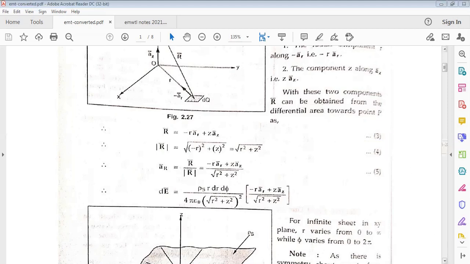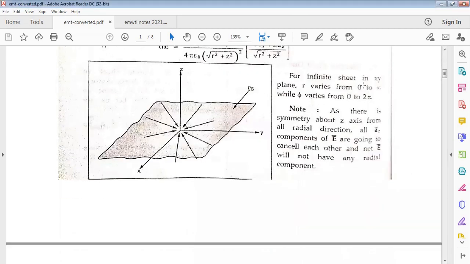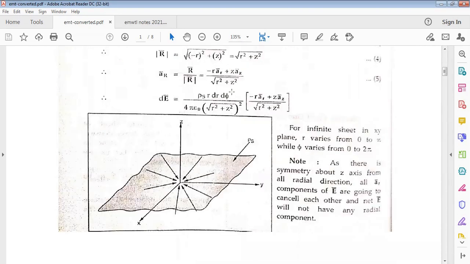For the infinite sheet in the XY plane, R varies from 0 to infinity, and phi varies from 0 to 2 pi, because dr is there and d phi is only in the phi direction.